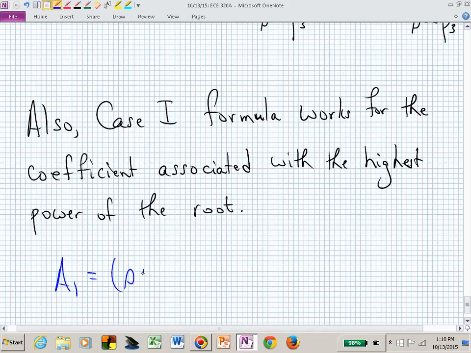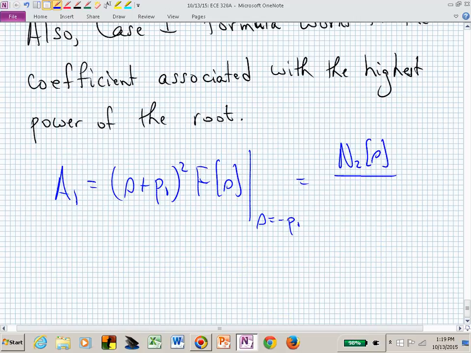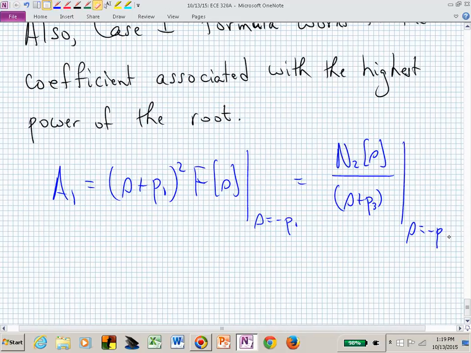So I now take s plus p sub 1 squared times capital F of s and evaluate that at s equal to minus p1. Which, the way I parameterized F, is now just n sub 2, the numerator, over what's left after canceling the s plus p1 squared factor, which is just s plus p sub 3, evaluated at s equal to minus p sub 1.